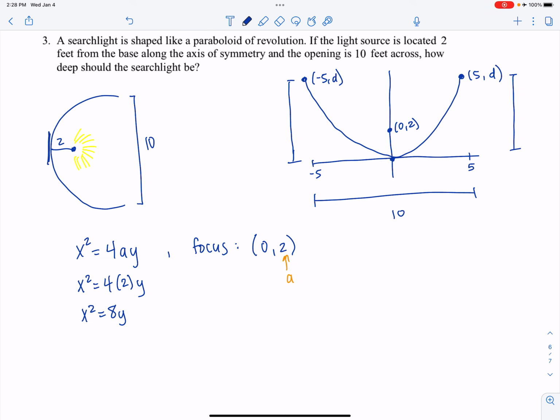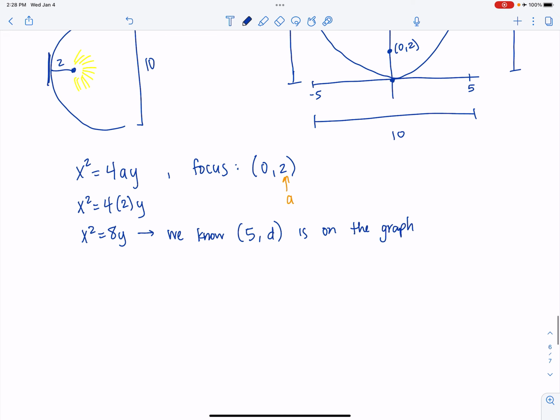Now that we have our equation, and we also know that 5, D is on the graph, then we know that when x is 5, y is that missing value d.